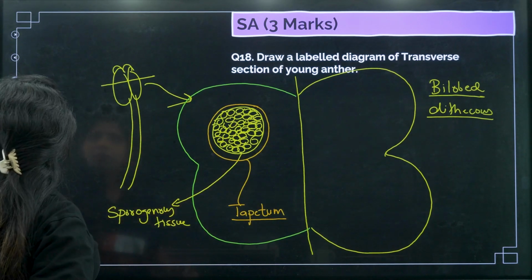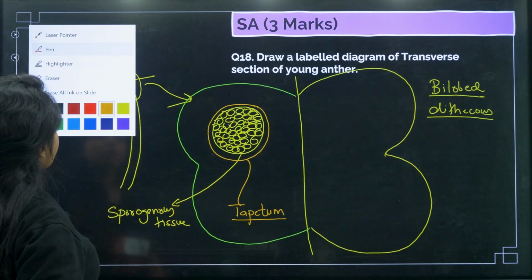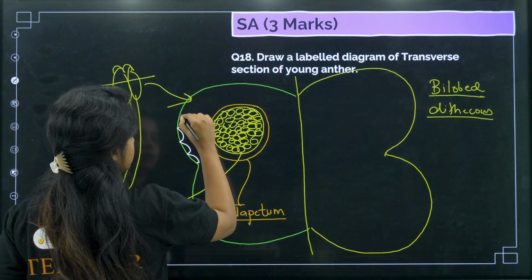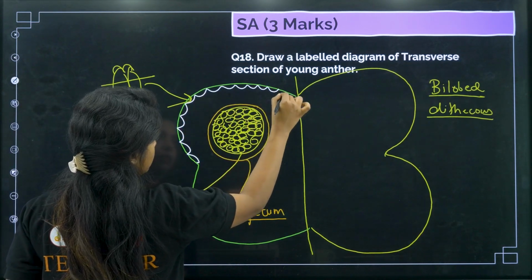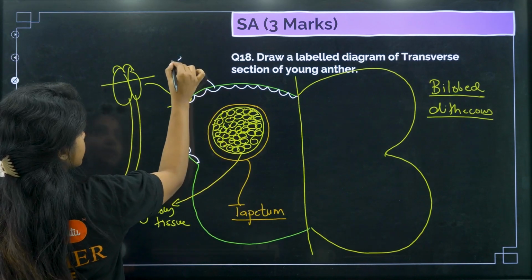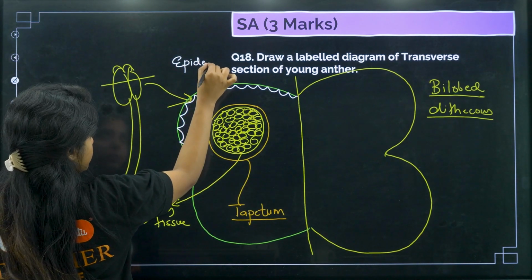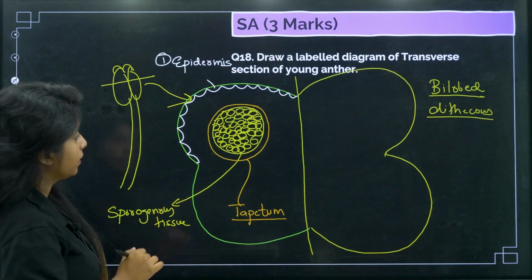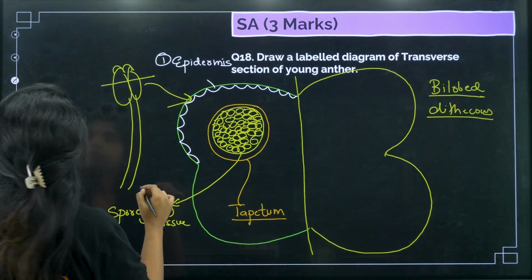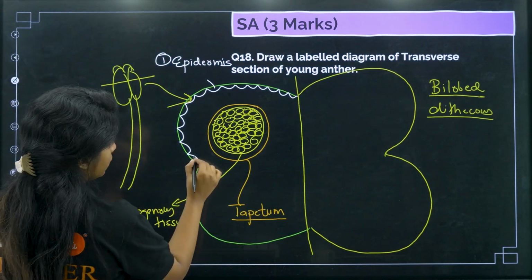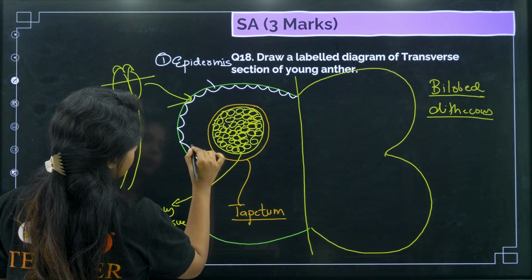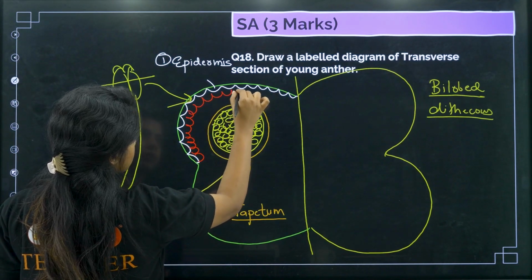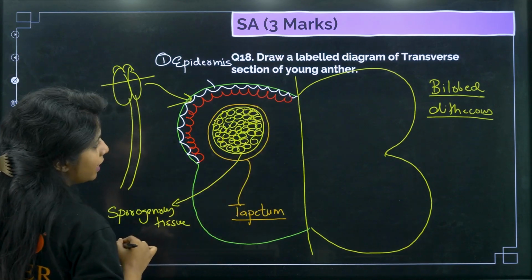Now come 3 layers which are there for protection. So the first layer comes like this, which I call the epidermis. Now comes the next layer, which I should color a different color. Suppose there is a next layer of cells.